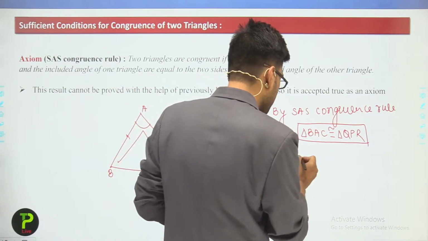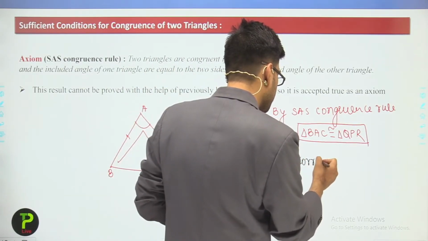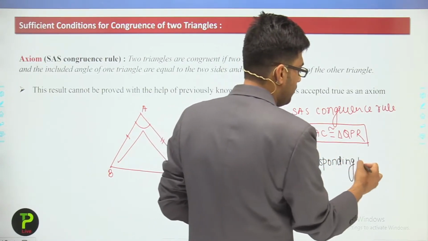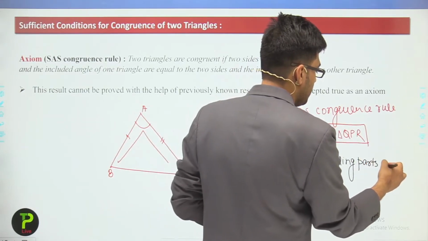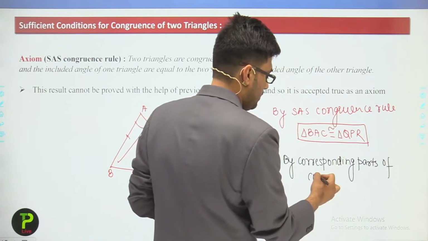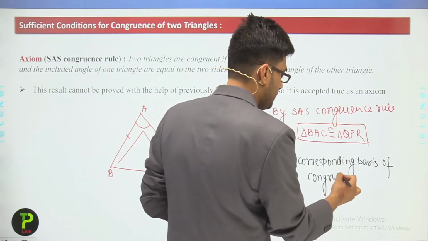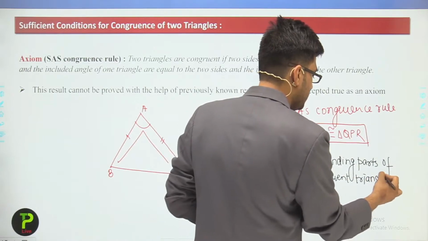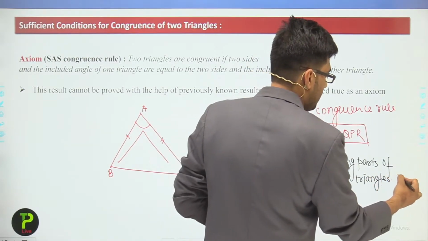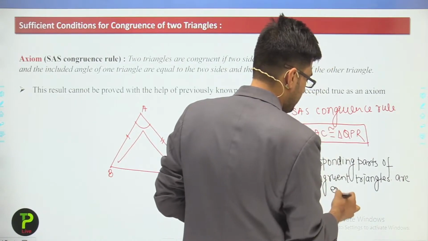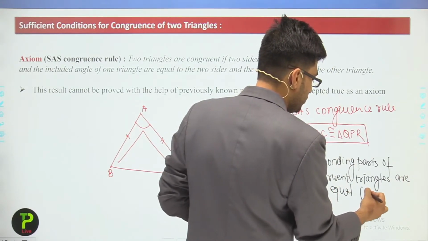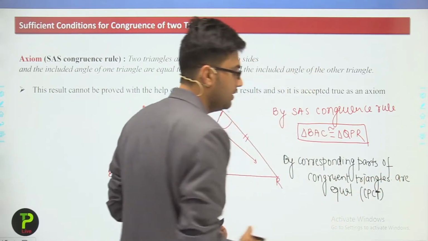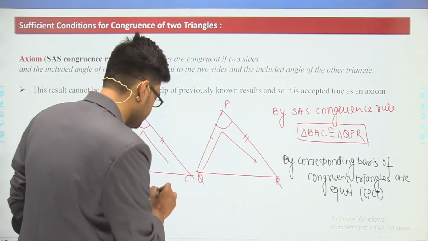By corresponding parts of congruent triangles are equal, and in short it is known as CPCT, corresponding parts of congruent triangles.